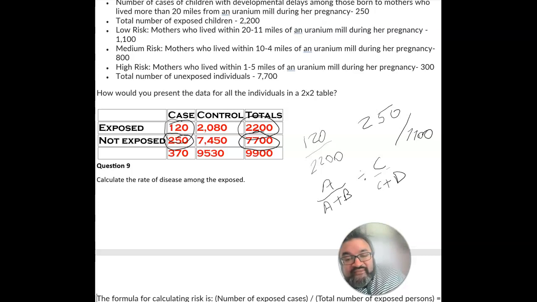The ratio A over A plus B represents the ratio of disease among the exposed. C over C plus D represents the ratio of disease among the not exposed. And so what is the rate of disease among exposed within the context of unexposed? That's why you're dividing.